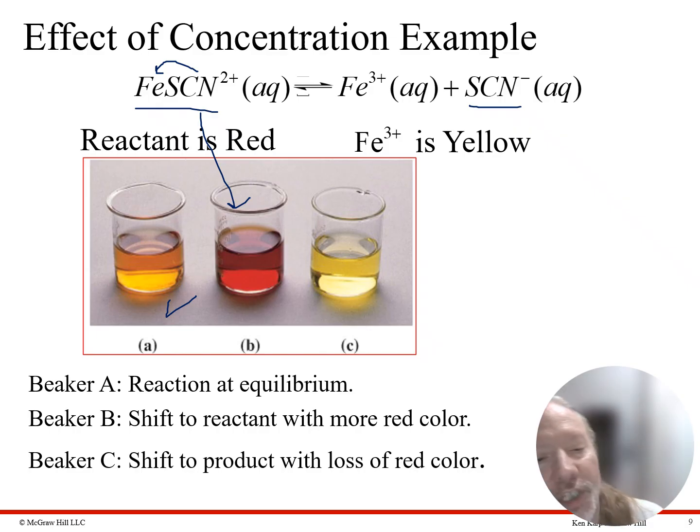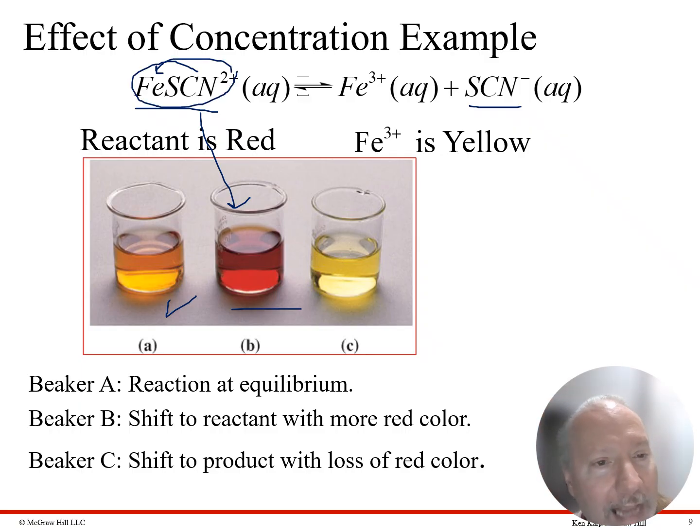For beaker B, it shifts to reactants with more red color. So beaker B, you definitely have more of this iron thiocyanate present, this 2+ species. So you're on the reactant side, and the KEQ would be what? It would be small because this is large. Now, if you're in beaker C, you shift to products with the loss of red color.